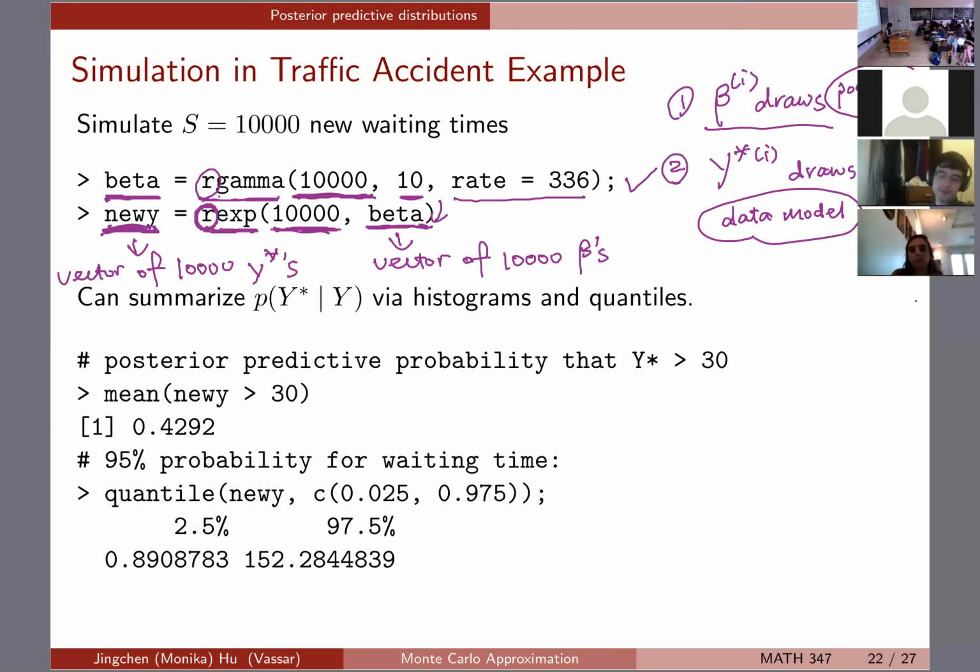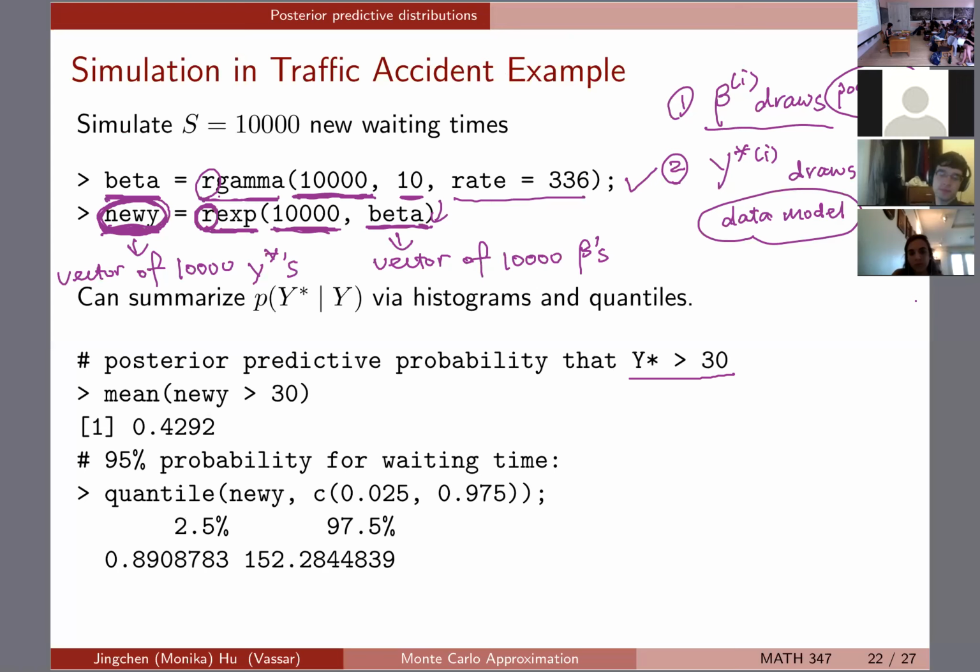Okay, so this means now we have 10,000 new predictions. So say I'm curious about the question: what is the probability that the next accident will happen more than 30 minutes later?